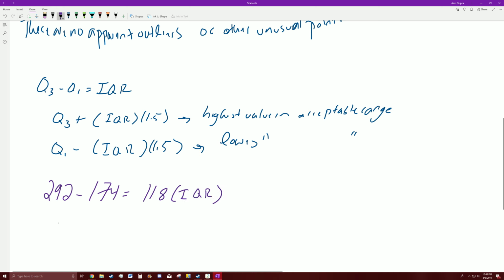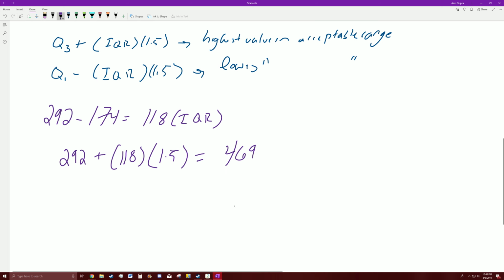So now to get your highest, you're going to do 292 plus 118 times 1.5. This is going to equal 469. And then you're going to do 174 minus 118 times 1.5. This is going to equal -3.